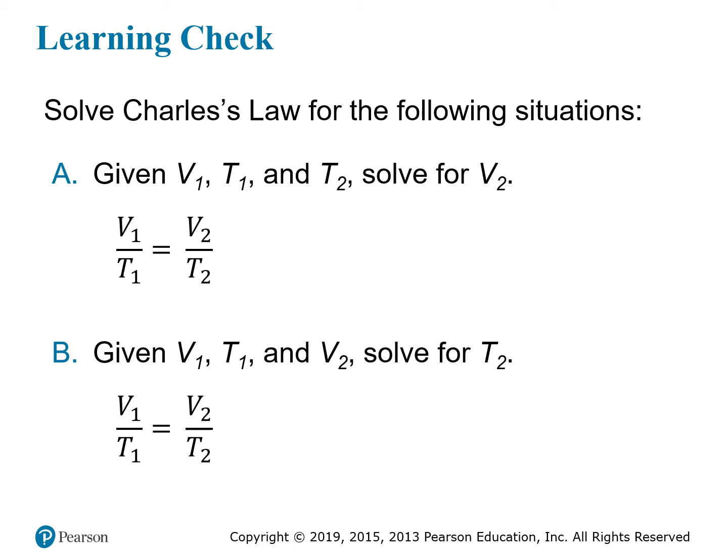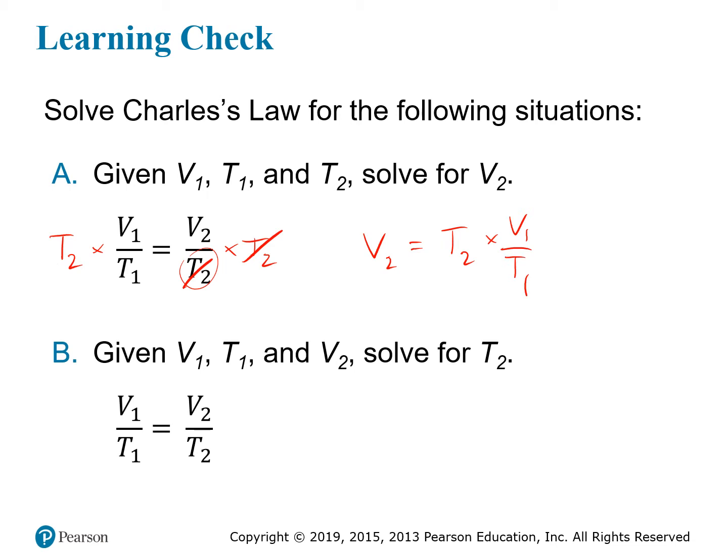The first one is the easiest. If you're given the initial volume and temperature, and the final temperature, and asked to find the final volume, then you're just solving for V2. To get V2 by itself, you just have to get rid of T2. So you multiply by T2 on both sides, which cancels this out, and you're left with V2 equals T2 times V1 over T1.